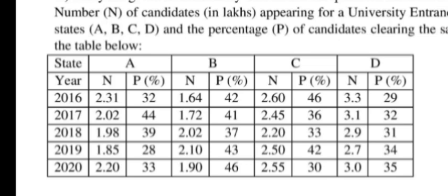Then percentage 20, 32, 44, 39, 28, 33. Then N and P: 1.64, 1.72, 2.02, 2.10, 1.90; 42, 41, 37, 43, 46. Then 2.60, 2.45, 2.20, 2.50, 2.55; 46, 36, 33, 42, 30. Then 3.3, 3.1, 2.9, 2.7, 3.0; 29, 32, 31, 34, 35. So this is the table that you have got.